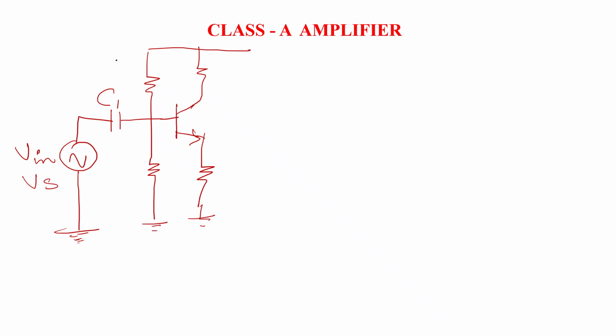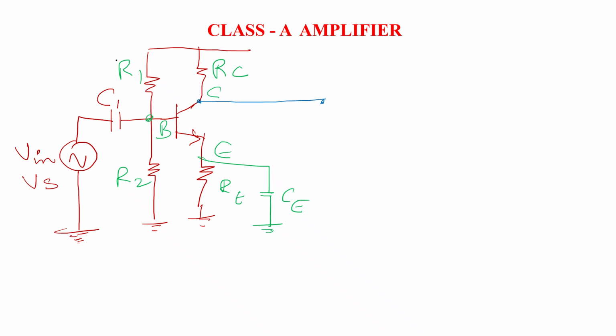This kind of biasing we are familiar with. What is the name of that biasing? R1, R2, it's voltage divider biasing, fed to the base. And we have RC resistor, RE resistor, with another coupling capacitor, and the amplified output is taken across the collector and ground terminal.